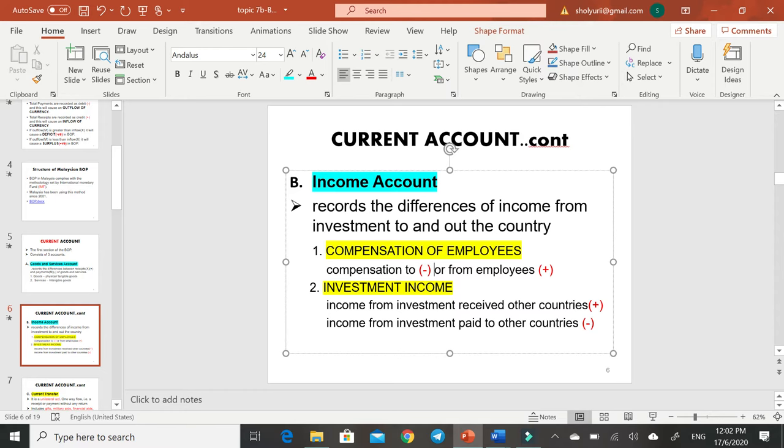It means that the foreigner inside our country, when they gain money, they will send back the money to their origin country. While from employees, we got compensation from employee daripada mana? Itu biasanya daripada citizen kita yang live outside of the country and send back the money inside our country because they still have family members here. So they work outside and then they send back. Same goes with the foreigners yang work inside of our country and send back the money to their origin country.